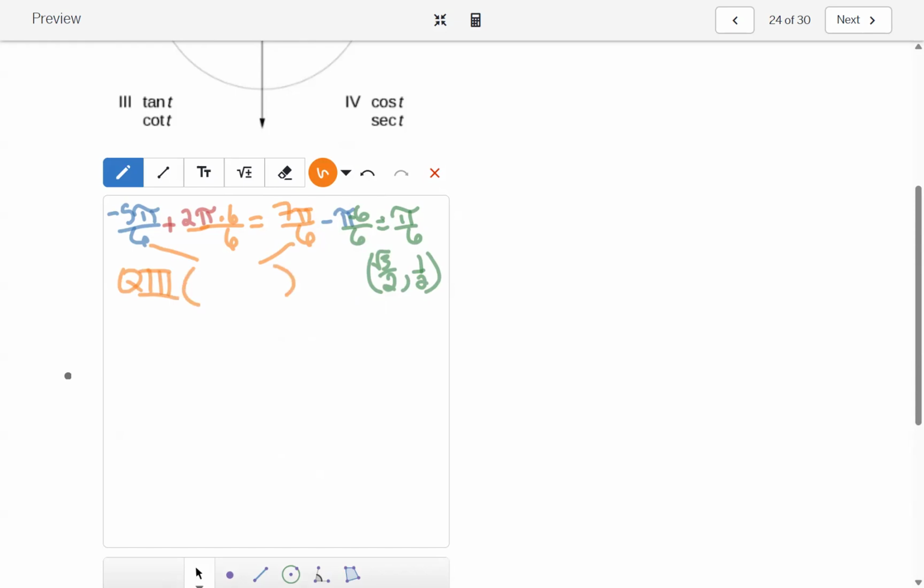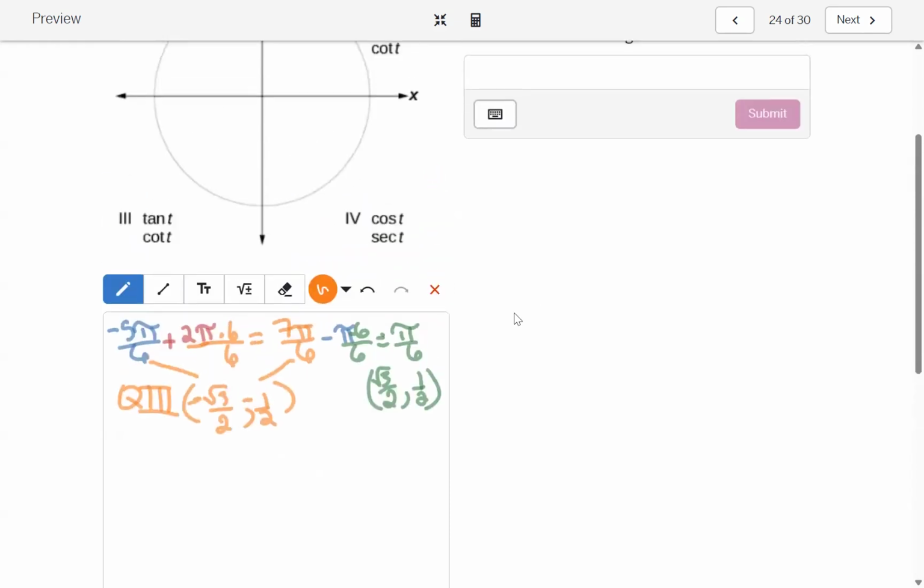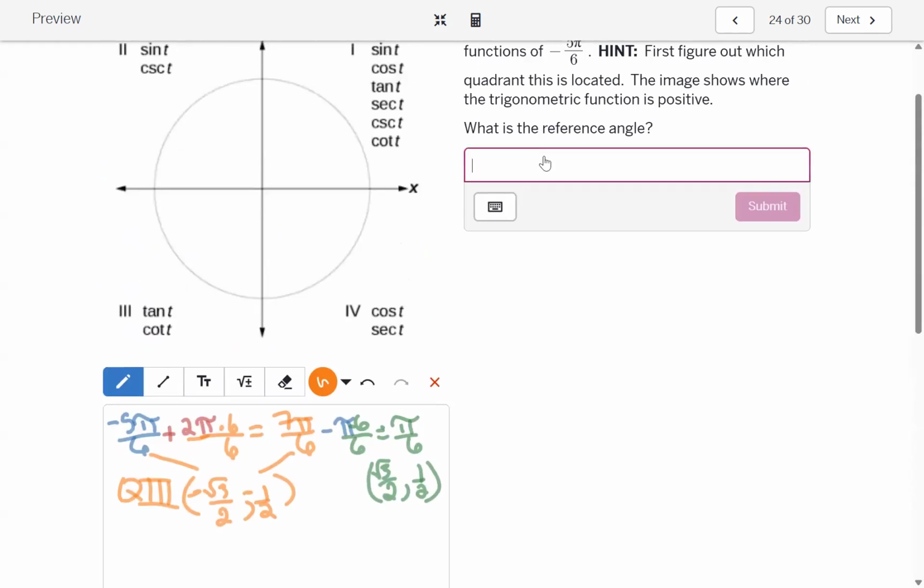So for our ordered pair, we're going to keep the same numbers: square root of 3 over 2 first and 1/2 second. But we're going to make those x and y coordinates negative. Our reference angle in here is pi over 6.